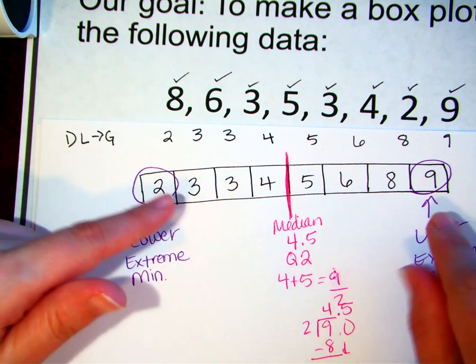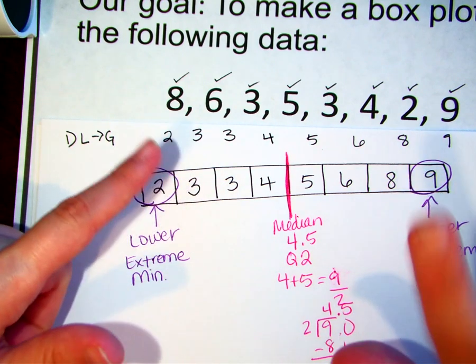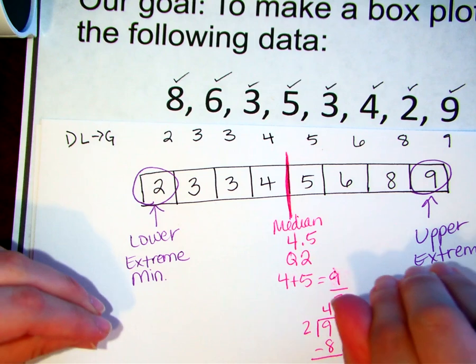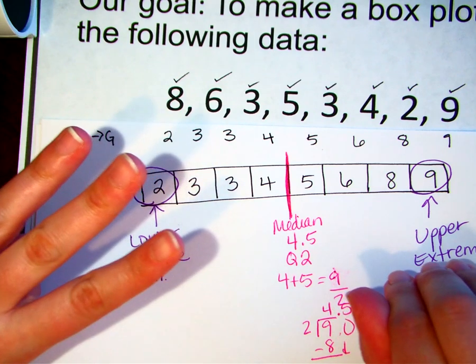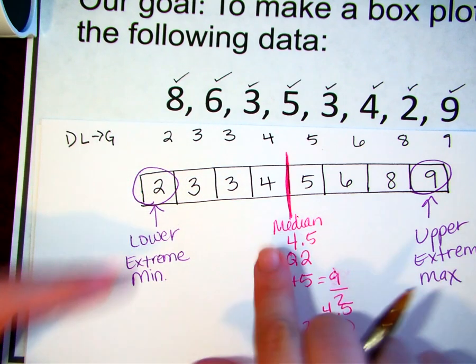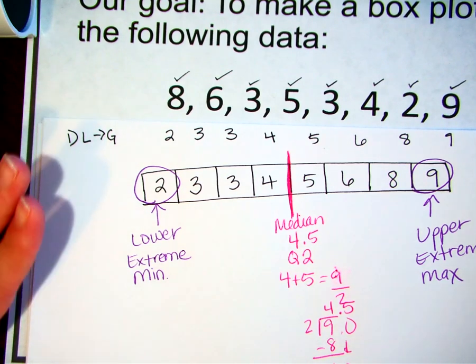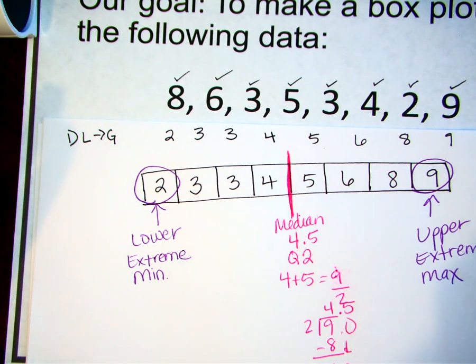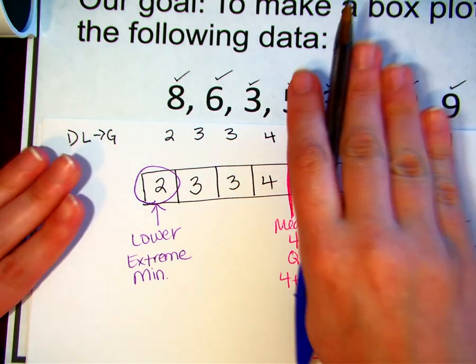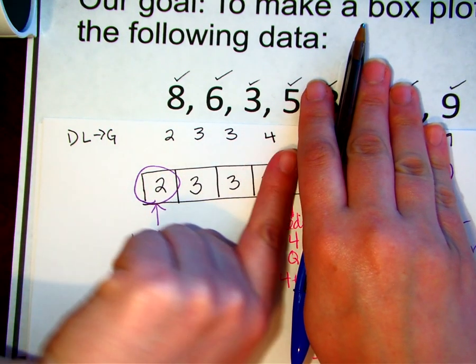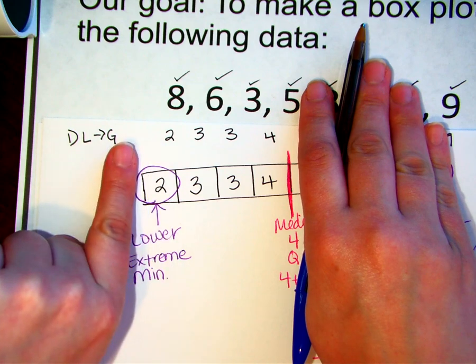And now we're going to need to do quartile 1 and quartile 3. So on this specific graph, there's actually 3 medians we need to find. We found the first one, which is the easier one. Now what you're going to do is you're going to focus on just one half of the data. So we're going to focus on the lower half, which would be the numbers to the left of the median.